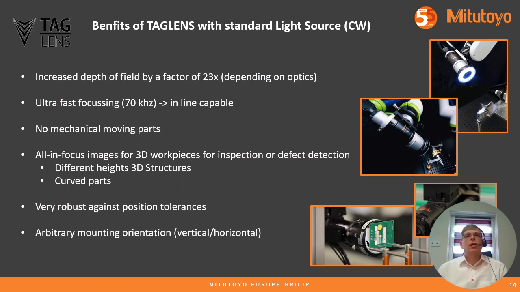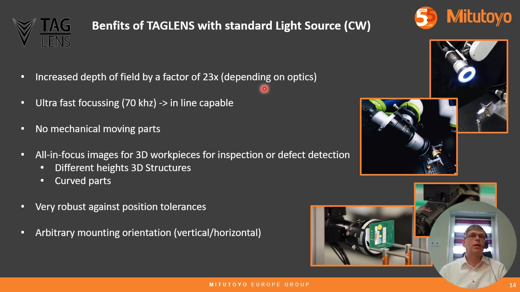So to summarize, what are the benefits of the TAG lens using a standard light source, a continuous light source? The main advantage is the TAG lens increases the depth of field or the depth of focus by a factor of up to 23, depending on the optics.